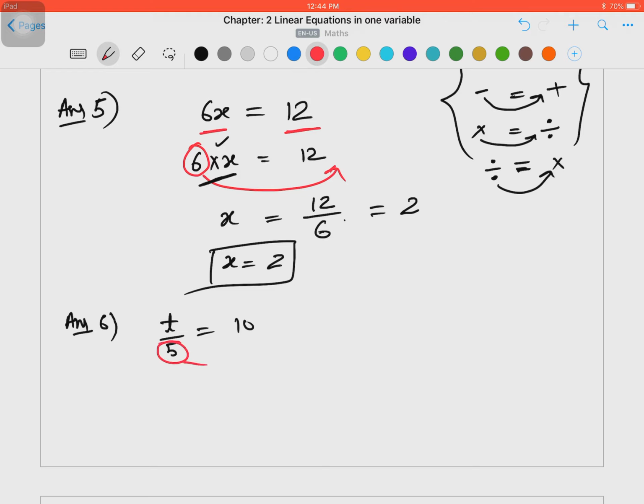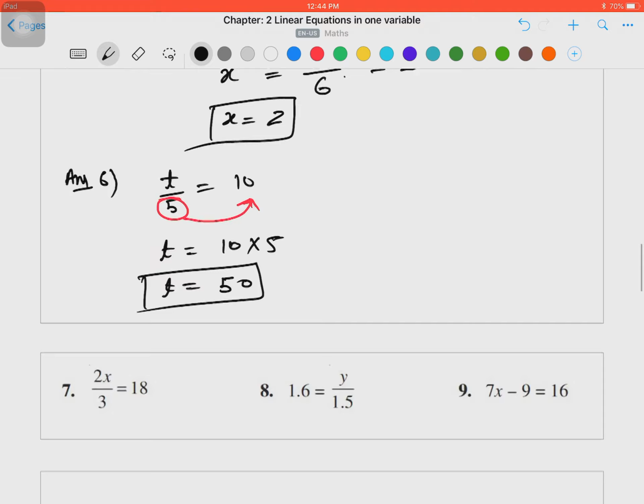So when you shift this number onto the other side from division, it will change to multiplication. So t will be equals to, we have 10 already, and this 5 from division will be written in multiplication of this number. So t will be equals to 5 into 10, which is 50. That's how we solve the linear equation in one variable.